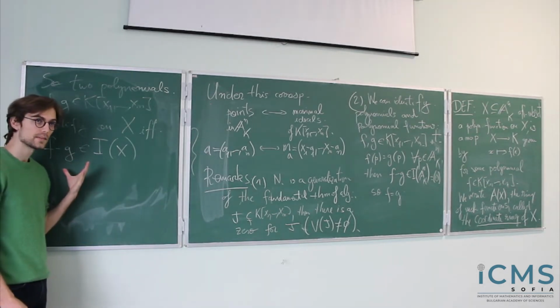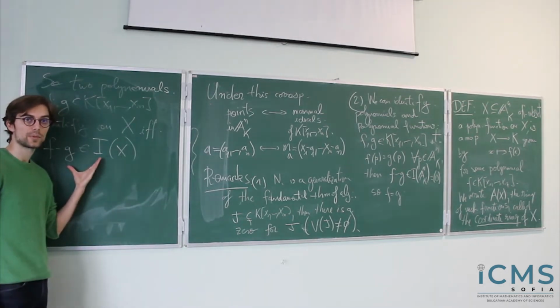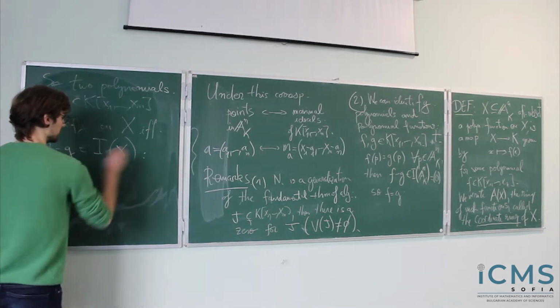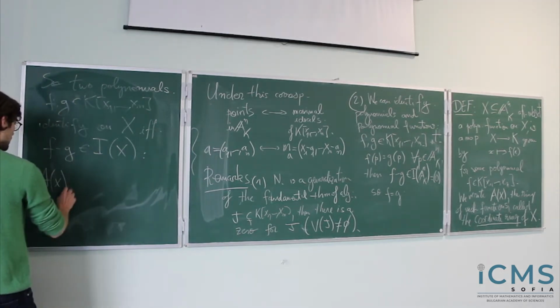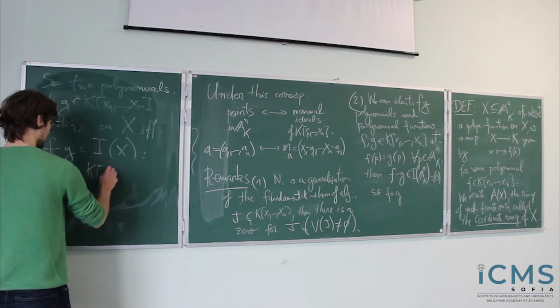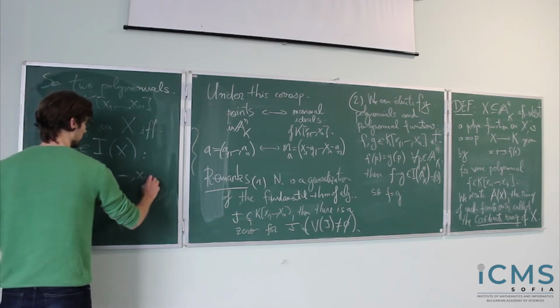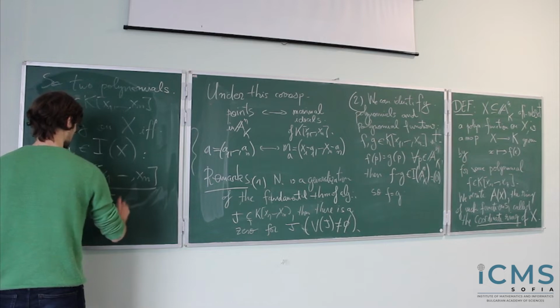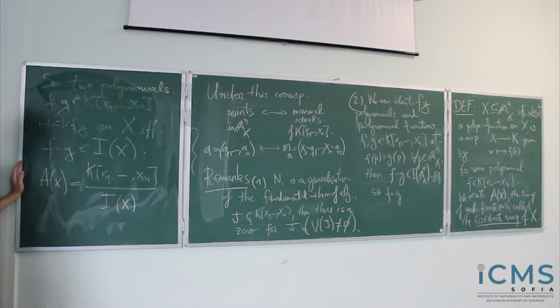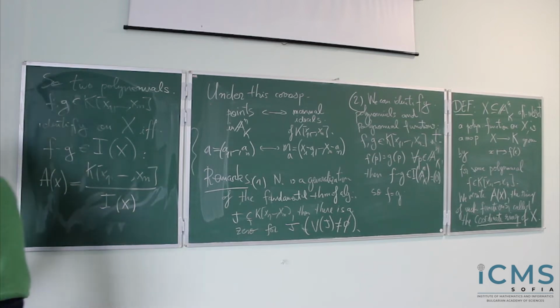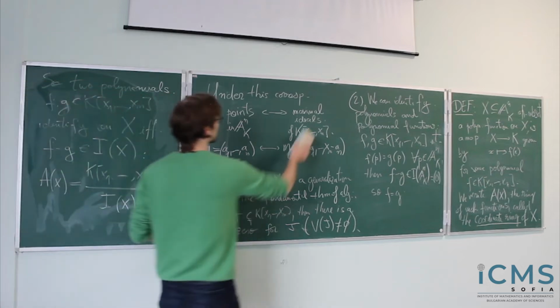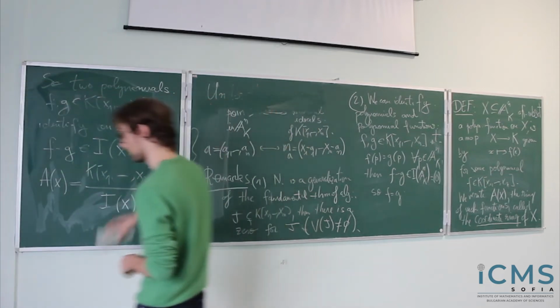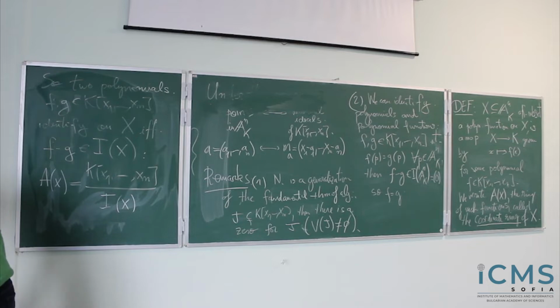But this is actually the defining property of a quotient. So actually the affine ring is simply the quotient of the polynomial ring by I(X).